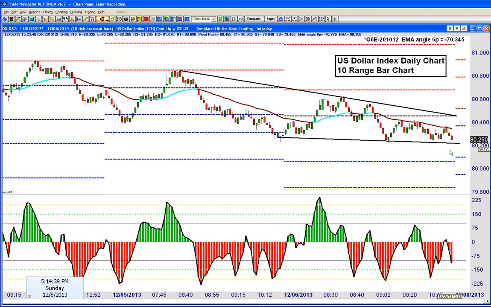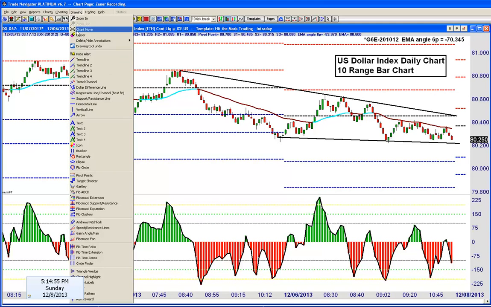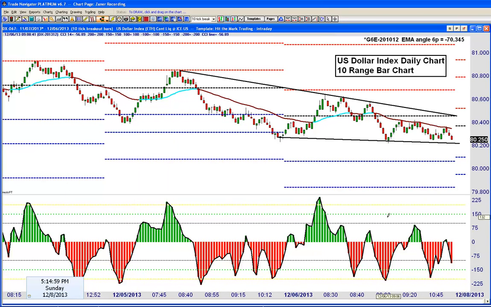So they simply want to get a jump, and they sell off the US dollar and buy into other currencies such as the euro. Obviously with the yen, there's no reason to buy into that when the government is on a committed currency debasement program. Okay, I'm going to draw a line right here.